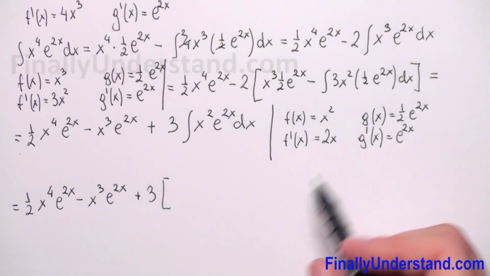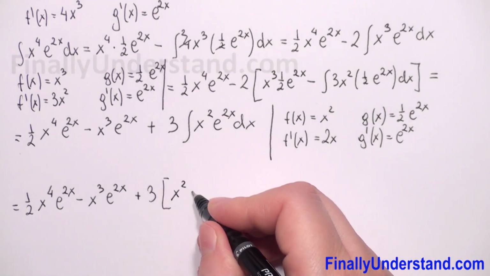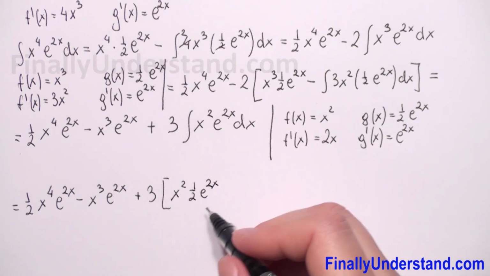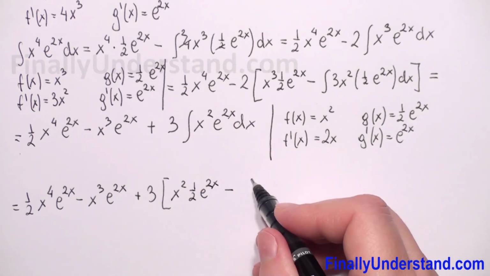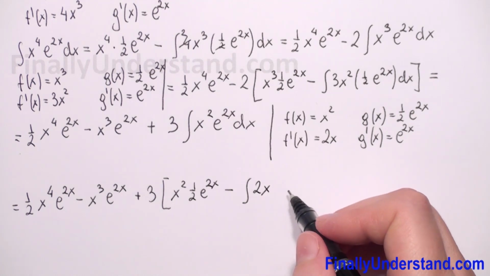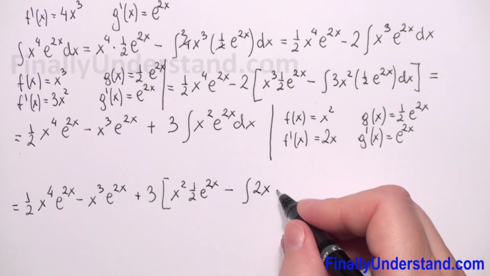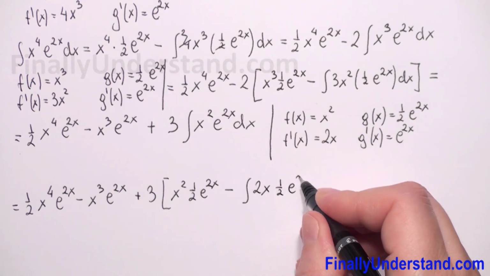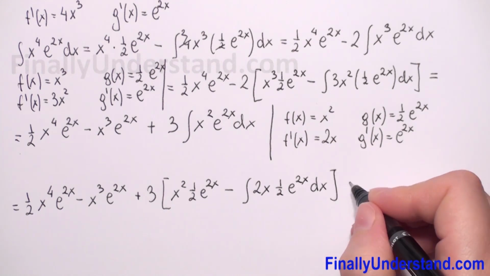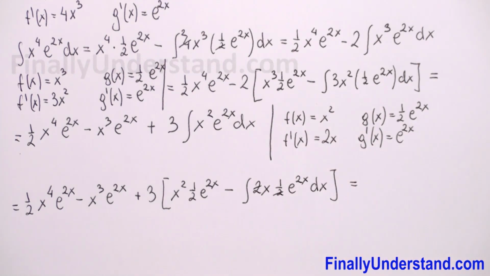So now we have x squared times 1/2 e to power 2x minus, and now we have the integral of f prime, which is 2x, times g. G is 1/2 e to power 2x with respect to x. So this is equal to, and 2 we can reduce.